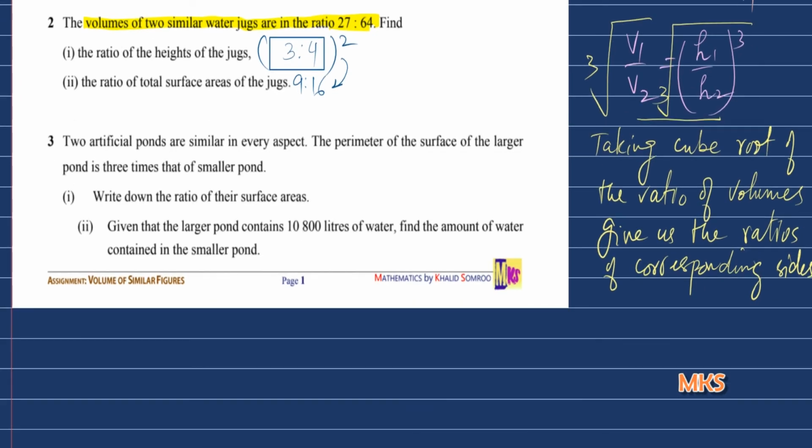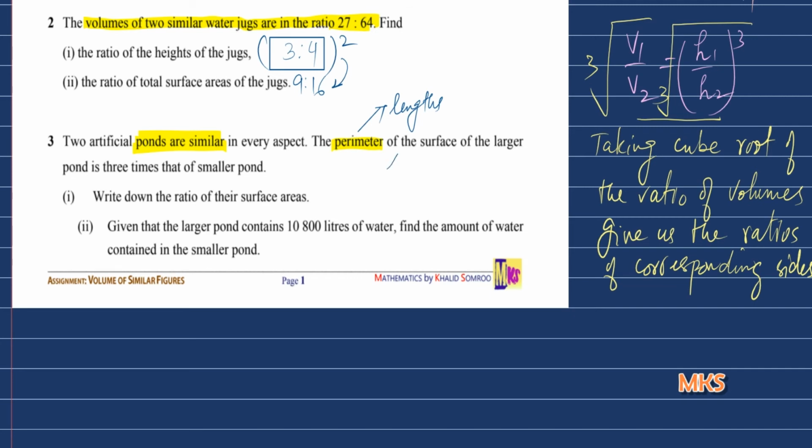Two artificial ponds are similar in every aspect, means they are similar figures. The purpose of writing the sentence is to state that the ponds are similar in every aspect. The perimeter is length. Always remember perimeters, they are lengths. Perimeter of the surface of the larger pond is 3 times that of the smaller one.